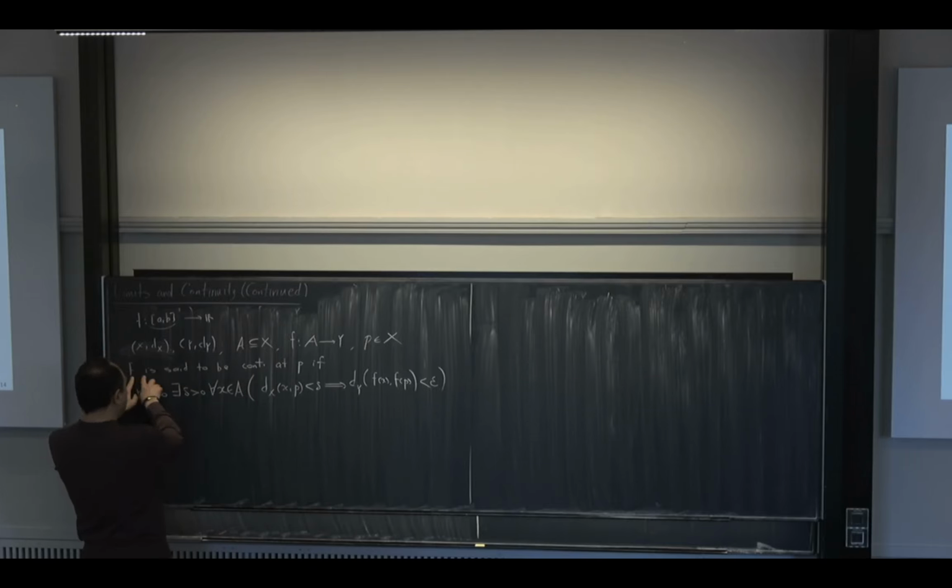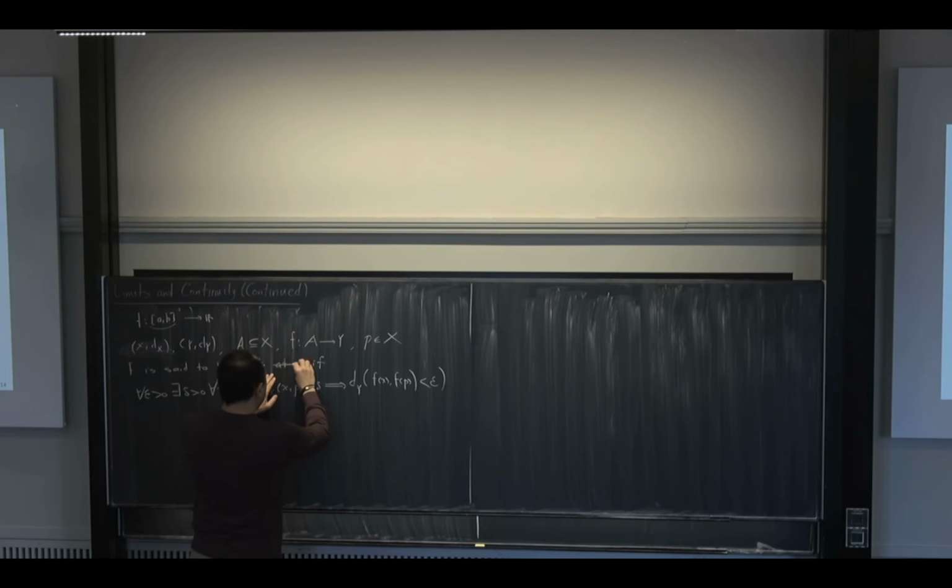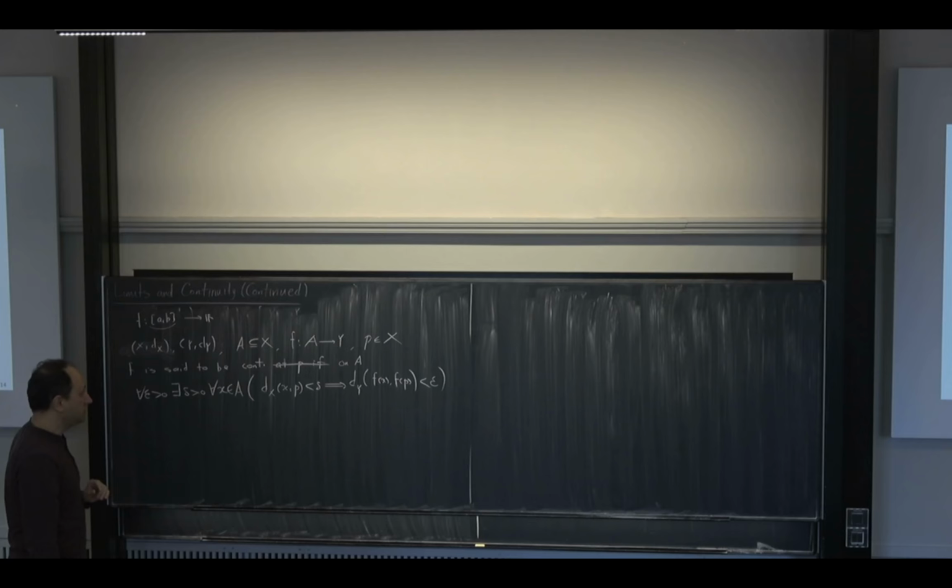But now f is said to be continuous, instead of this one, I want to write on A. Continuous on A if it is continuous at every point. Is that right? It means for every p in A, this happens. Is that right? Okay, then what?